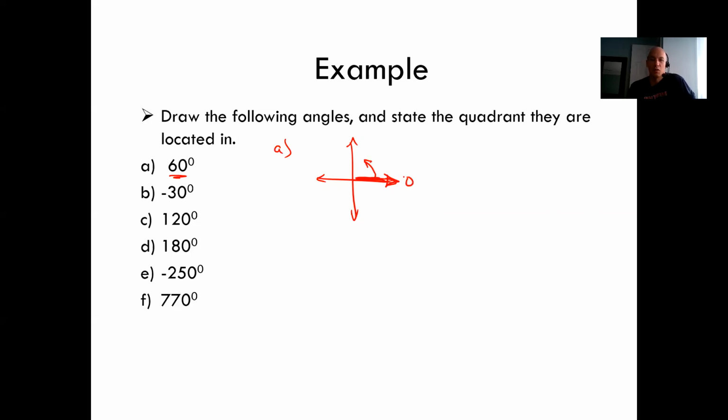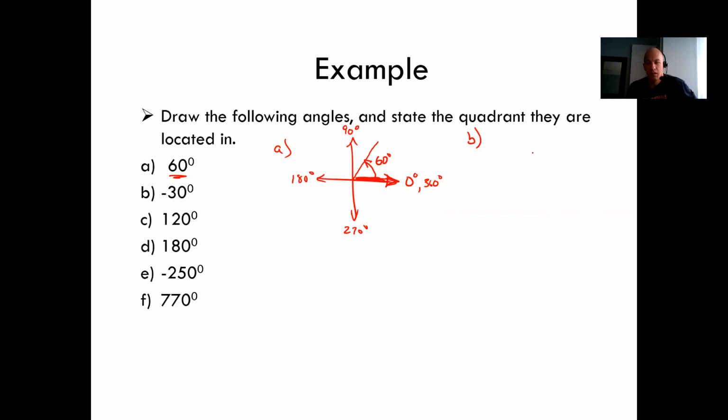Here's 0. Just like always, full rotation is 360, so that would be 90, this would be 180, this would be 270, and then coming back here, you'd come back to 360. You should put those little degree signs above everything. So a 60-degree angle is going to look something like this, and it's going to point up like that. There is 60 degrees.